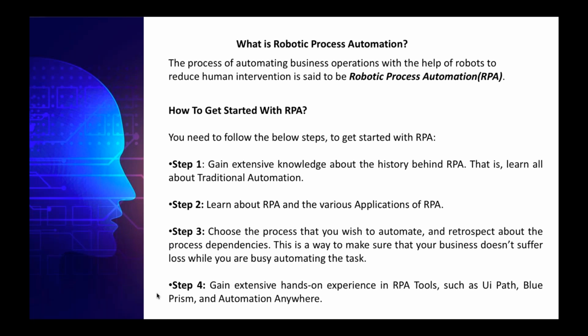The transaction has to be in volume. It has to be repetitive in nature and mundane. Mundane is nothing but monotonous work. This is what RPA reduces. If your work has volume, is repetitive, and is monotonous, when you introduce RPA, it will help you reduce the human action.